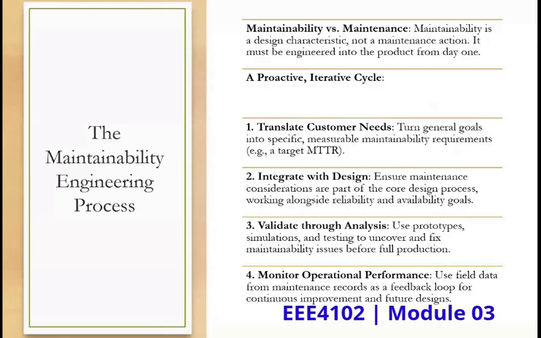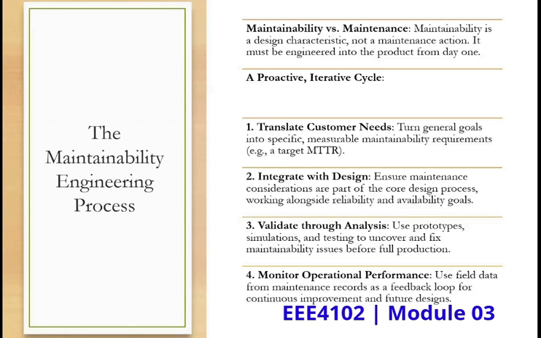So now this takes us to the maintainability engineering process, whereby we are trying to connect the concepts we've already seen about reliability to our new key topic of maintainability. Maintainability is different from maintenance: maintainability is a design characteristic, not a maintenance action.